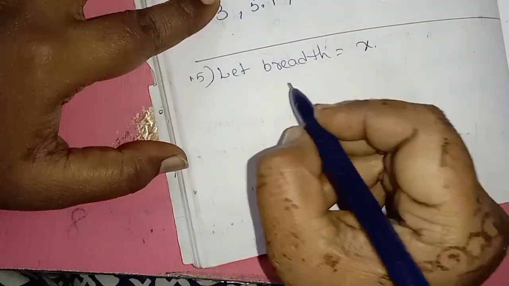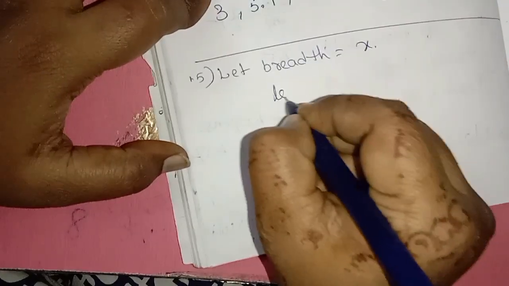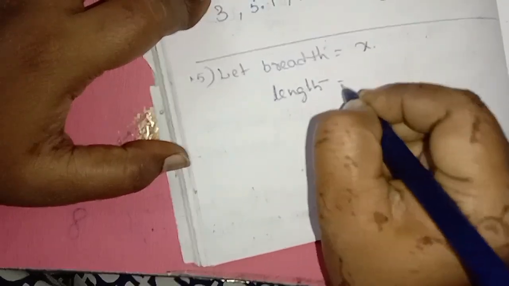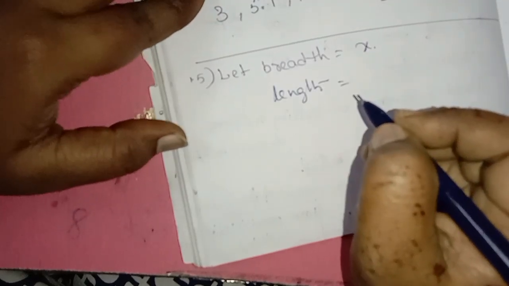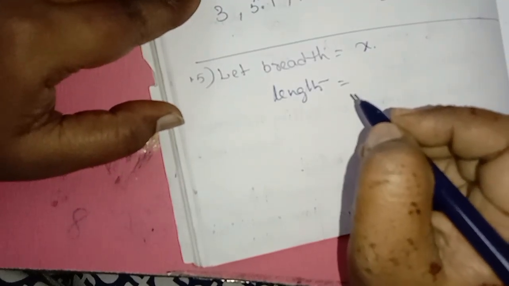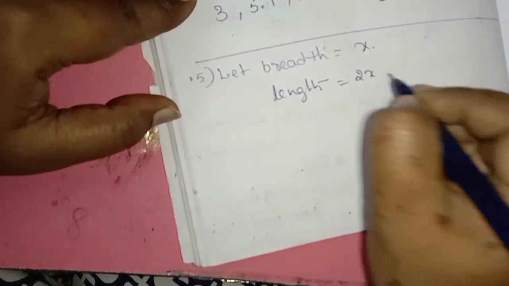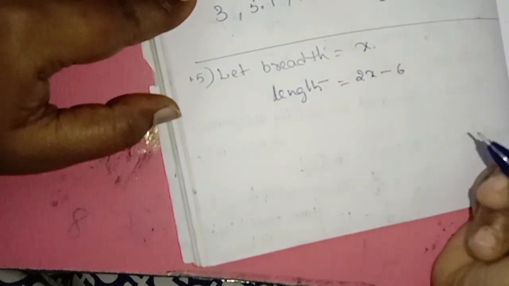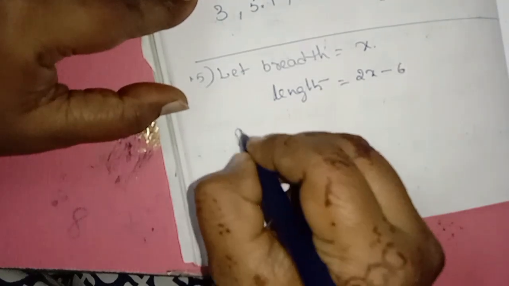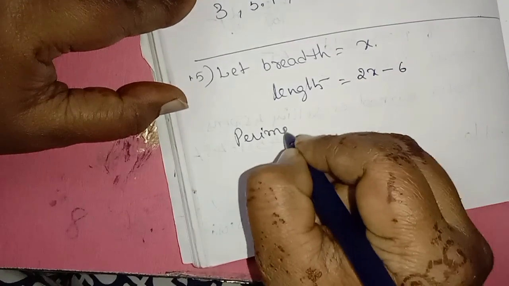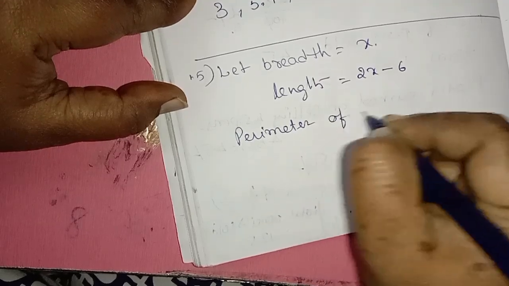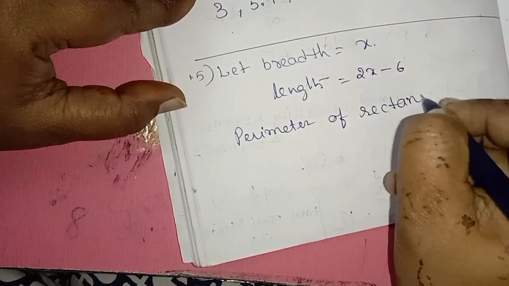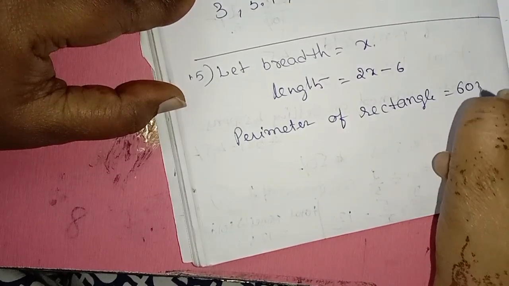We don't know x. Length is 6 meters less than twice the breadth. Twice the breadth is 2x, 6 less means 2x minus 6. Perimeter of the rectangle is given as 60 meters.